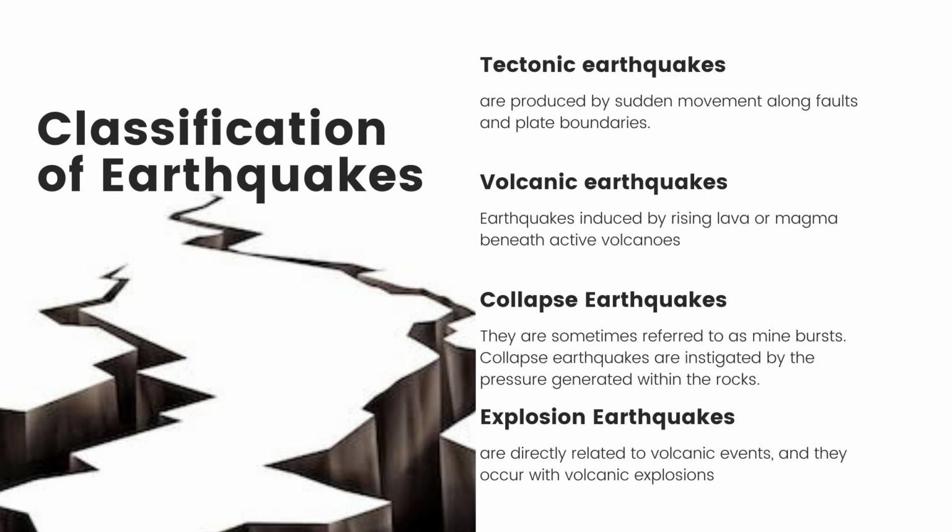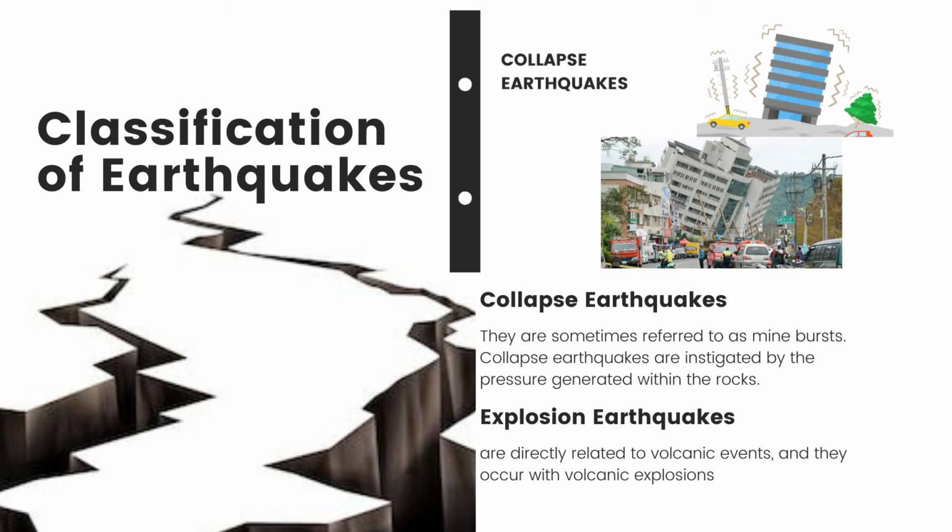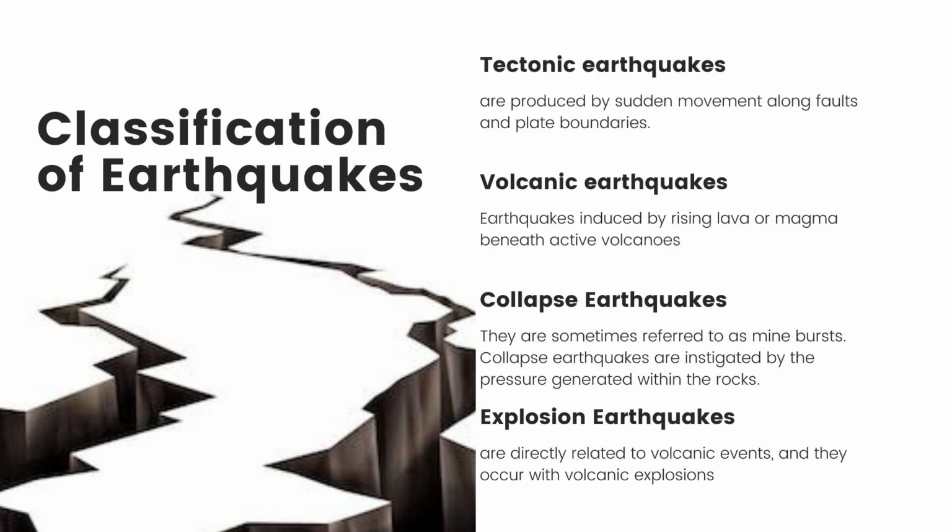So if the intensity of the earthquake is strong, maybe there's a collapse happening in that society. Just as you can see here, the buildings and the houses, that's what we call the collapse earthquakes.